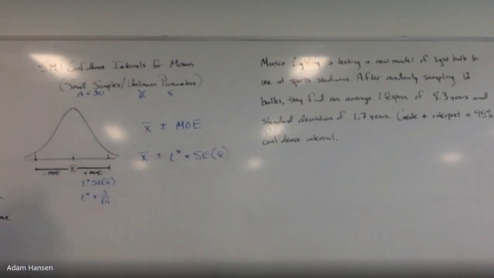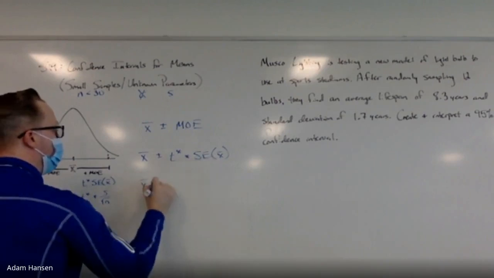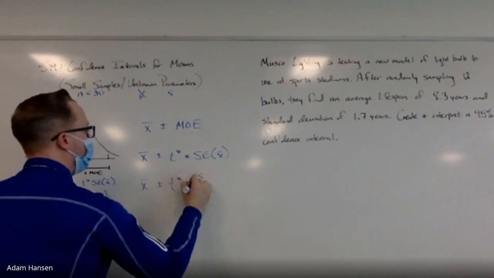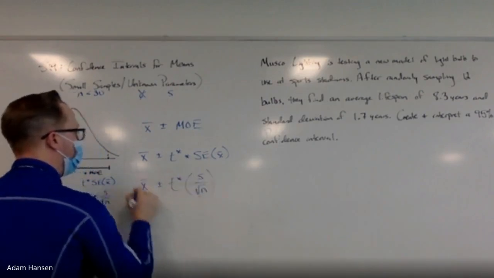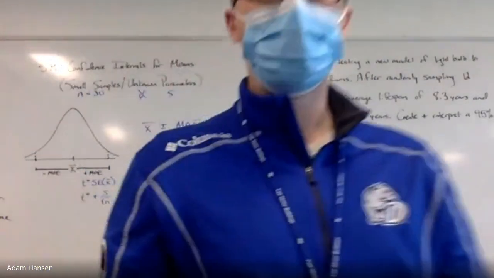The standard error is an estimate of the sampling distribution standard deviation. Standard error of x bar is S over the square root of n.